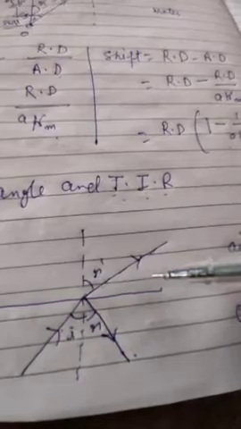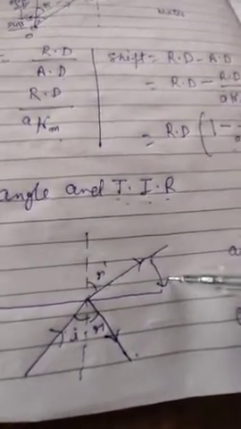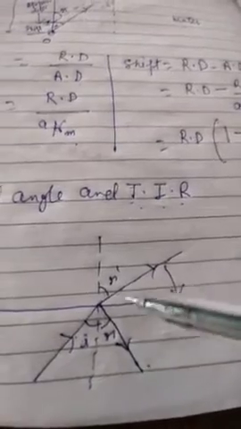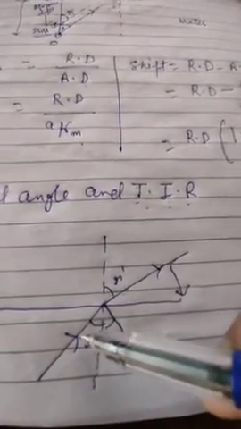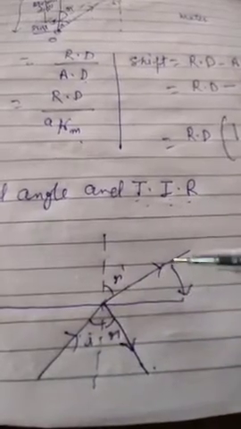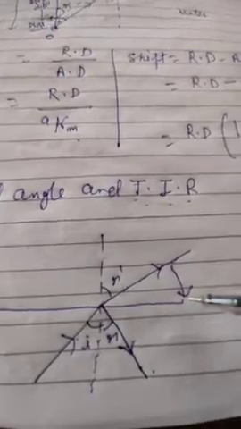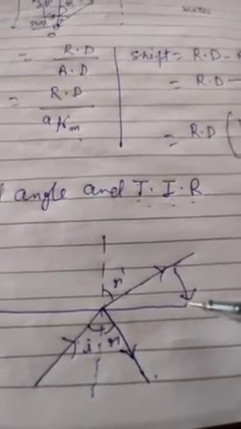Now this refracted ray will bend in this direction. I hope you are getting it. When the angle of incidence increases, the refracted ray will bend towards the boundary of separation between the two media.